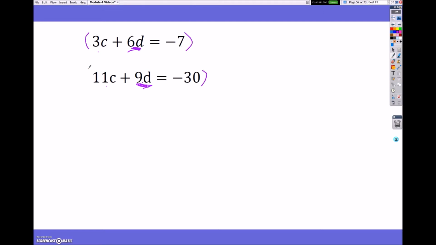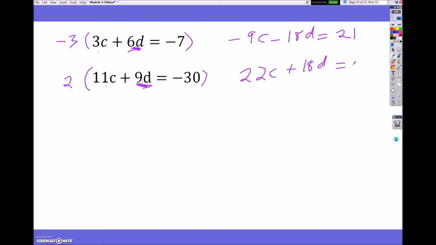I'm going to multiply the top one by -3 and the bottom one by +2, and I will get -9c minus 18d is equal to +21. On the bottom, I'm going to get 22c plus 18d is equal to -60.